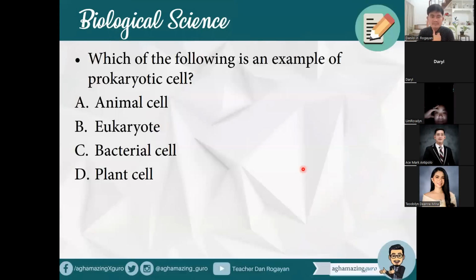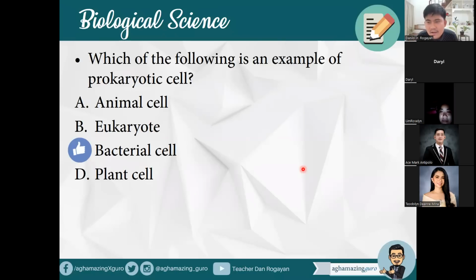Okay, next. Which of the following is an example of a prokaryotic cell? A, animal cell, B, eukaryote, C, bacterial cell, D, plant cell. This is an easy question. That is correct, bacterial cell.